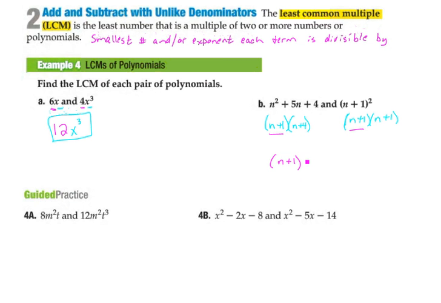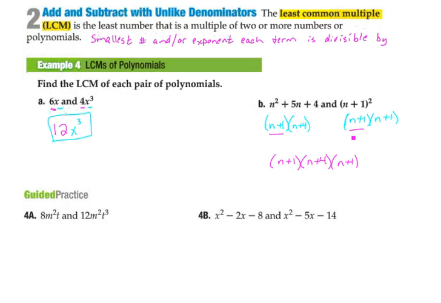This one has an n plus 4. So that means I would have to divide by an n plus 4 in order for this factor to not have a remainder. This one has a leftover n plus 1, so I have to multiply by another n plus 1. So if this was a denominator and I divided this denominator, I wouldn't have a remainder.